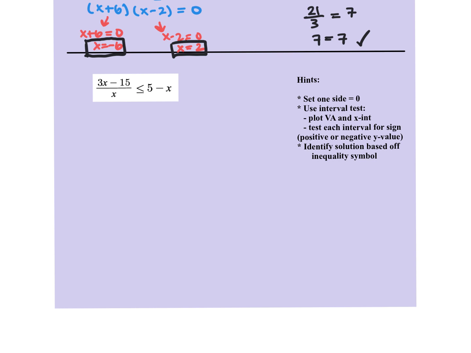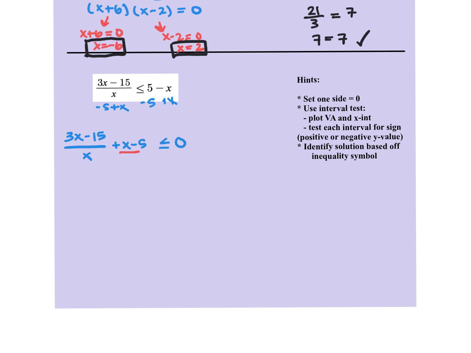So I'm going to set it equal to 0 by moving everything to one side. In this case, I'm going to subtract 5 and add x to both sides. And then I'm going to simplify the left-hand side by getting a common denominator and then adding all of those expressions together.